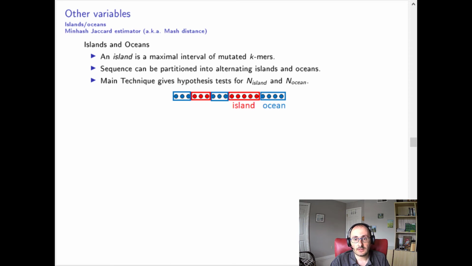For example, islands and oceans, terminology that we borrow from Landau-Waterman statistics. An island is a maximal interval of mutated kmers. So like in our example, we have here two islands in red, and oceans are the non-islands, the blue. And so any sequence can be partitioned into alternating islands and oceans, and our main technique allows us to also give hypothesis tests for the number of islands and the number of oceans.